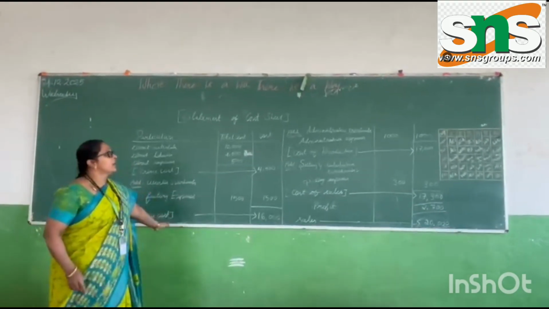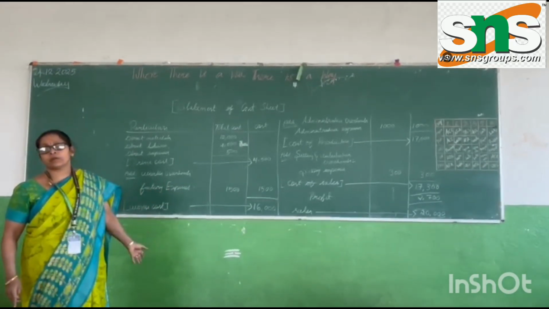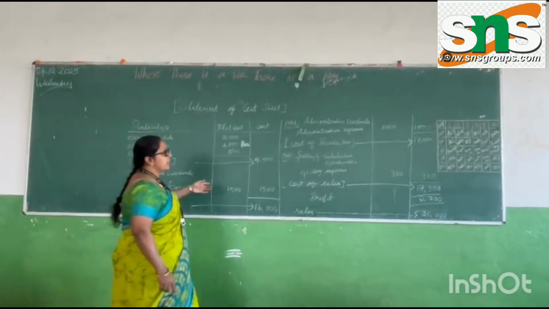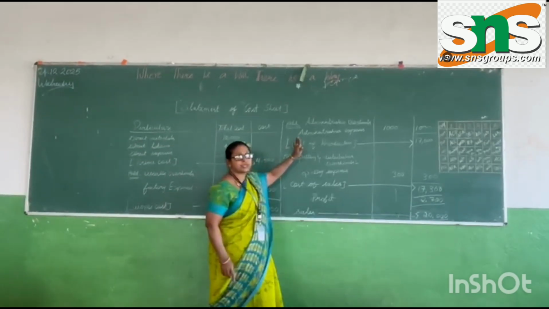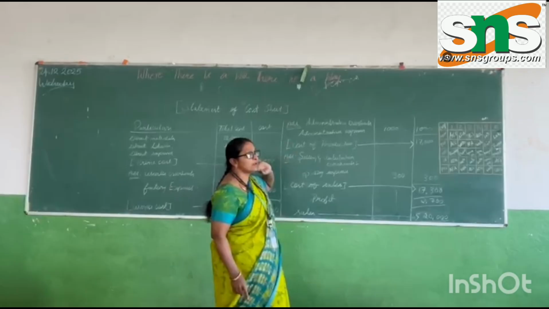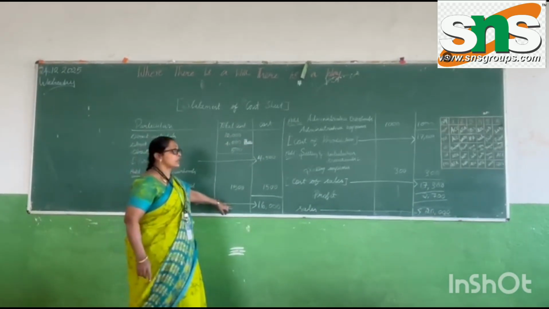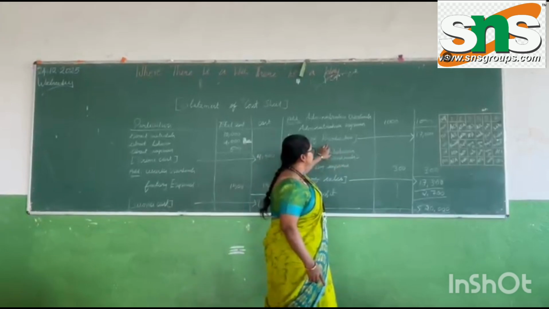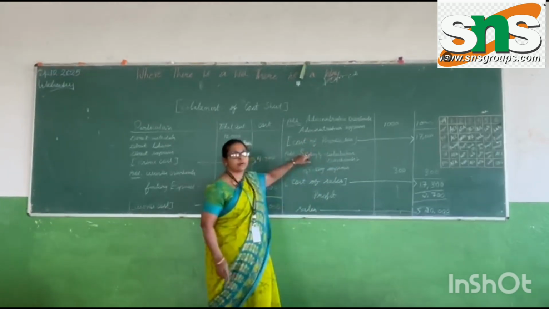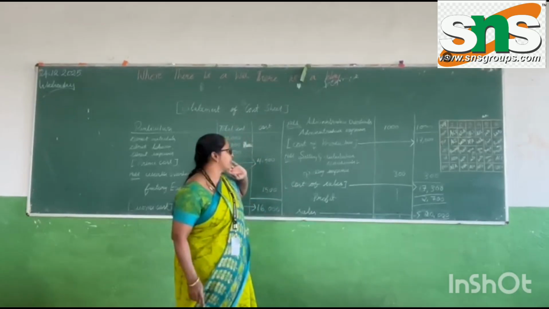In this sum, there is no opening stock of work in progress or closing work in progress. So we directly add the office and administrative overheads. Only one amount is given, administrative overheads of 1,000. We add it to the 16,000 and we get 17,000. That answer is called cost of production. So the total cost of production is 17,000 in this sum.